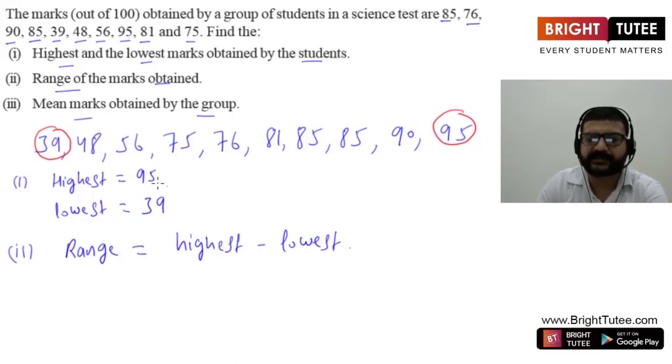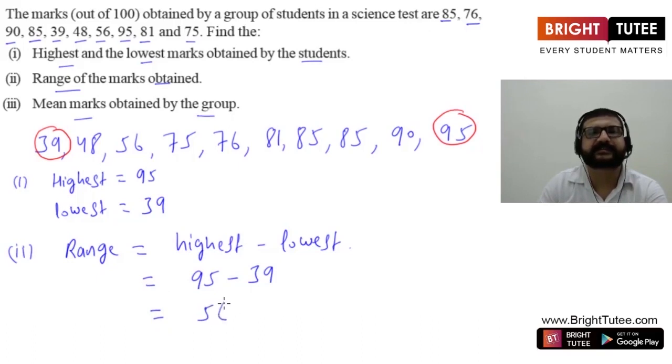We already know highest marks is 95 and lowest marks is 39. So range will be equal to 95 minus 39. Now by simplifying this, we will get 56. Therefore the range of this data is 56.